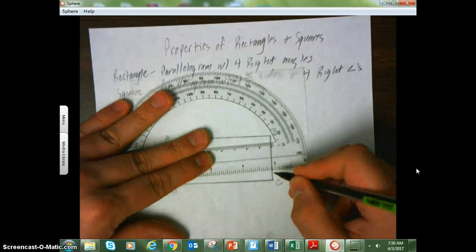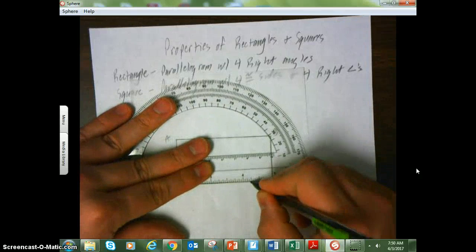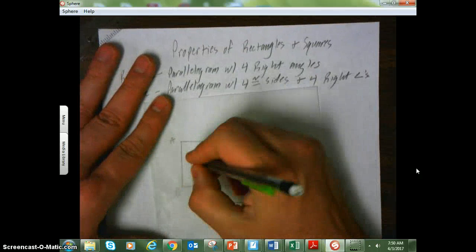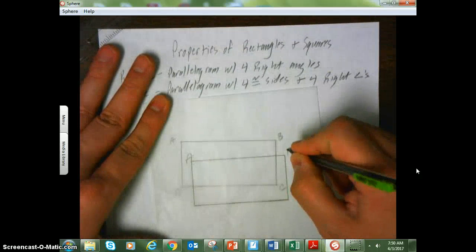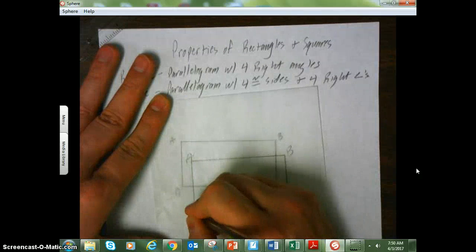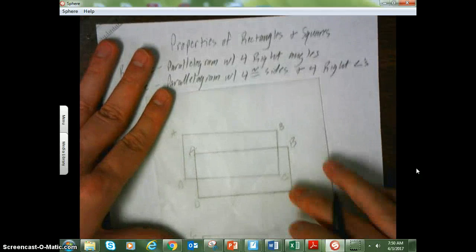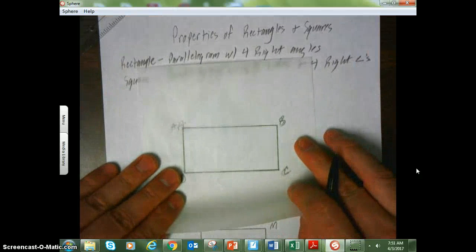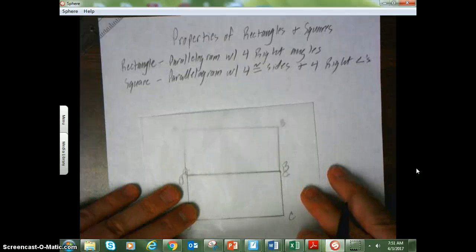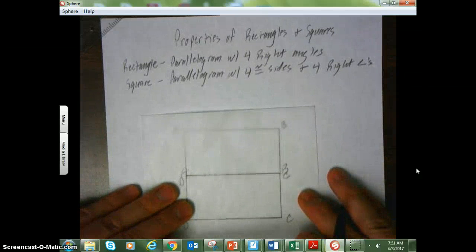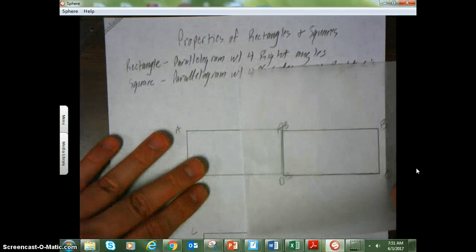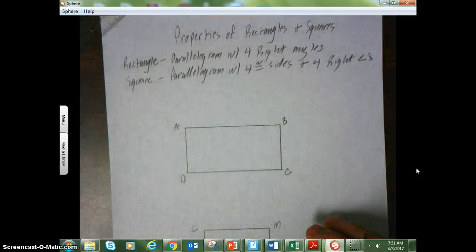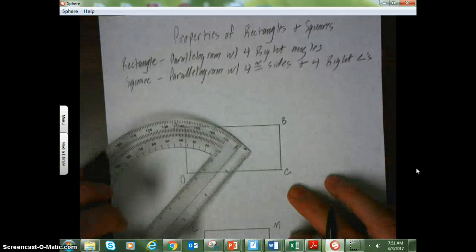Now, the purpose of the patty paper again is really just to help us compare things quickly and easily. So this is A, B, C, and D. Now, again, it does have all the characteristics of a parallelogram. The opposite sides are congruent. You can see that very easily. AB and CD are the same. AD and BC are the same length. And it does have diagonals that are congruent to each other.